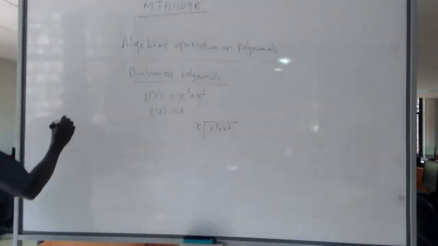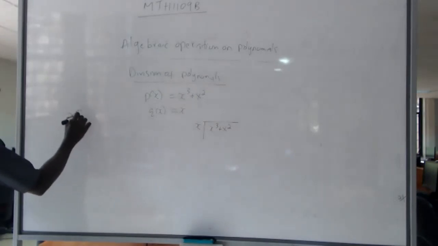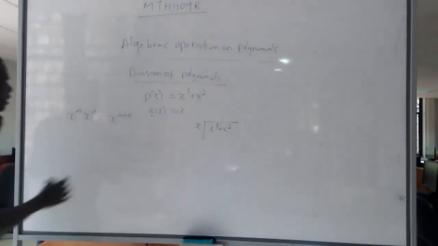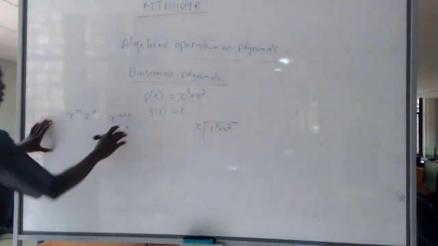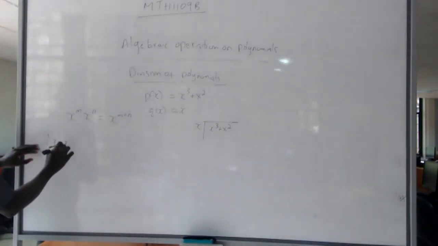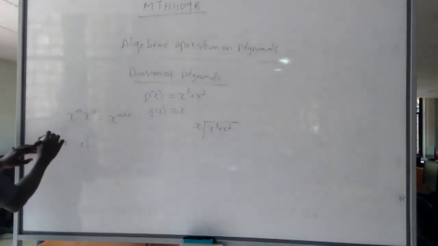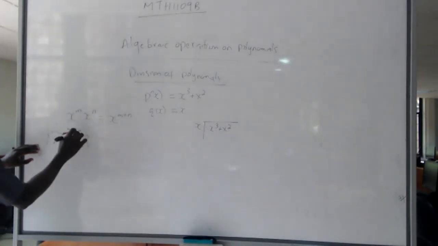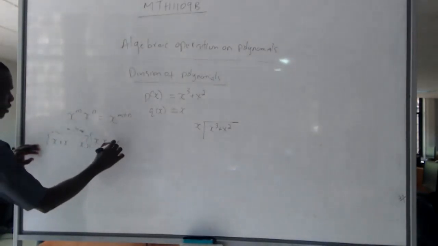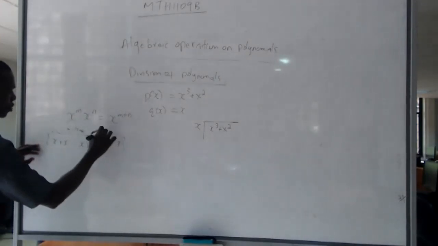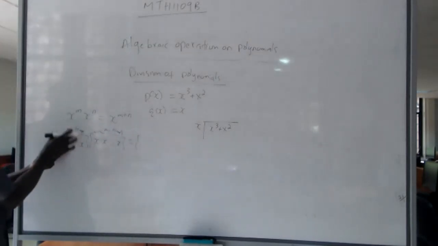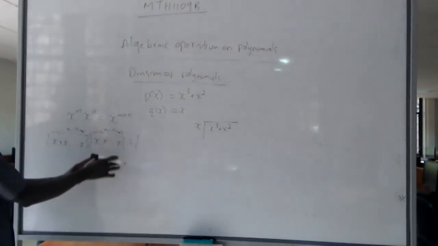The reason for that, I gave you the law that if you have x to the m times x to the n, this is the same as x to the m plus n. If you want to see how this comes about, x to the m is simply x times x times x, you do this m times. Then x to the n is simply x times x times x, you do this n times. So you have x listed m times and x listed n times.